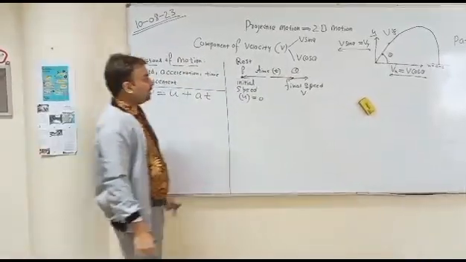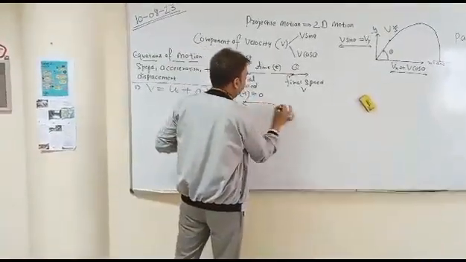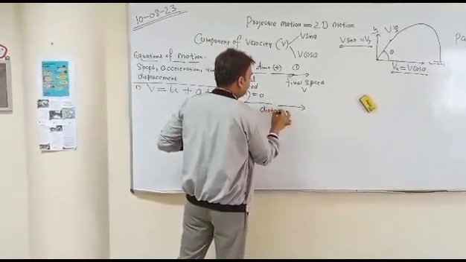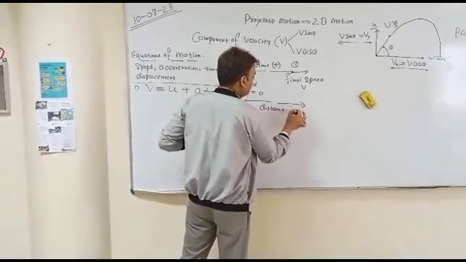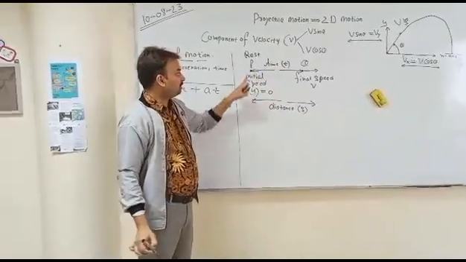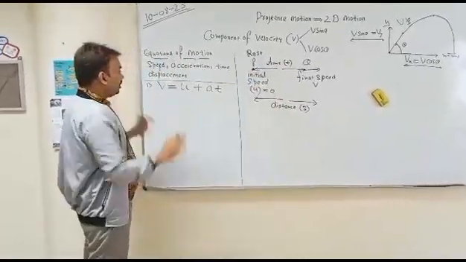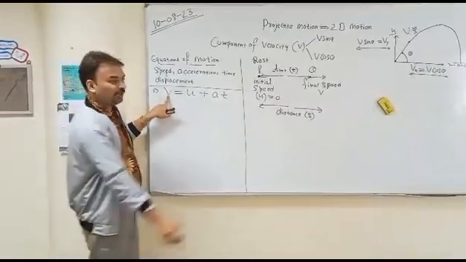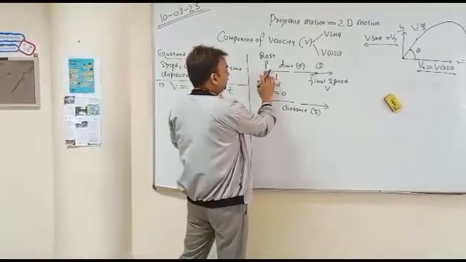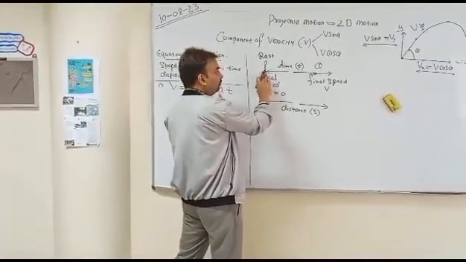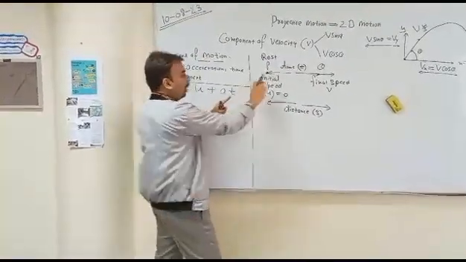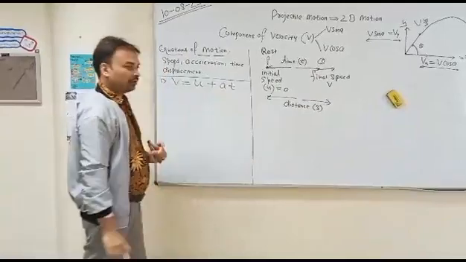The distance traveled between P and Q, you can write as distance or displacement, is written as S, in meters. Time is in seconds. So in the first equation, v is the final speed at Q, u is the initial speed, and a is the acceleration. Acceleration means when the object starts from P and crosses Q, there is a change in speed. How much time it took from P to Q is t.